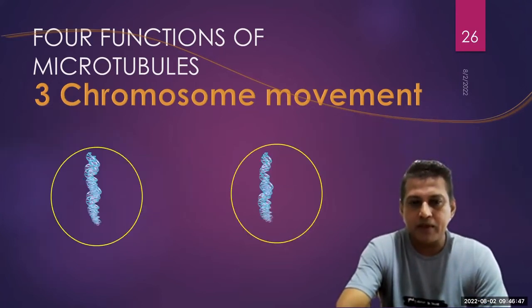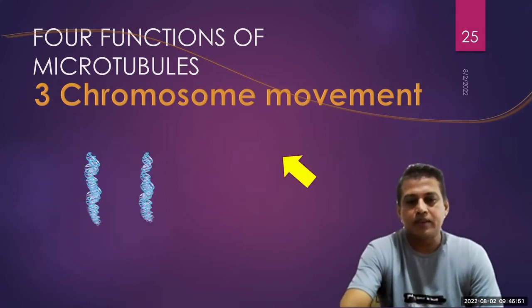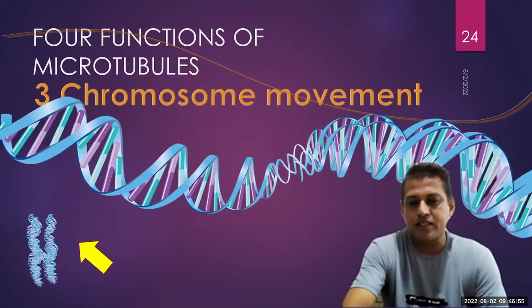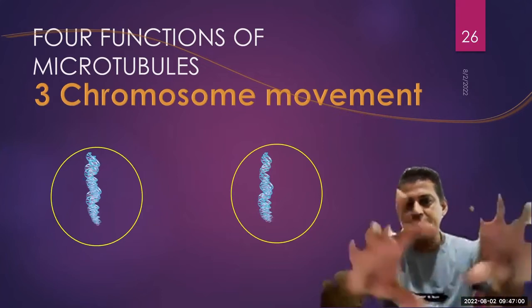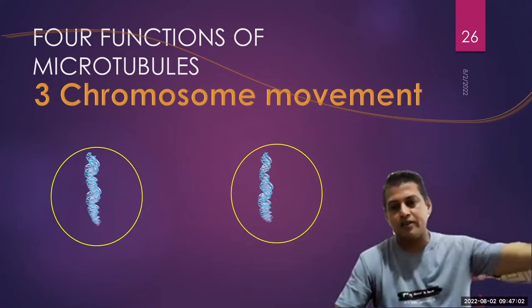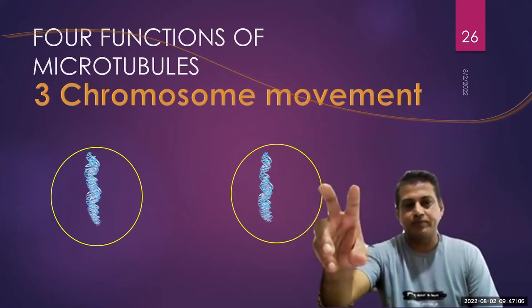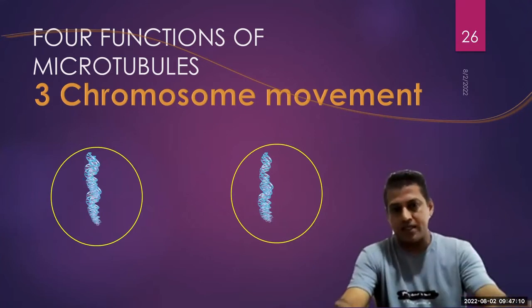That means they separate into two like this. Here this is the chromosome, and this one is after separation. Then one is going to one cell, the other one is going to the other cell. So this is cell division. One cell makes two cells.